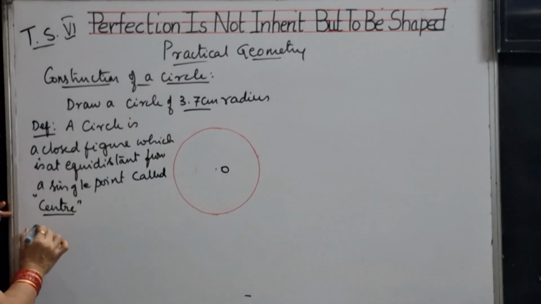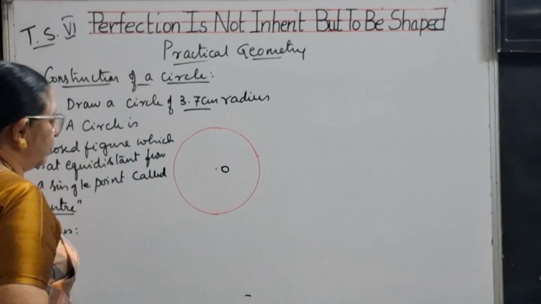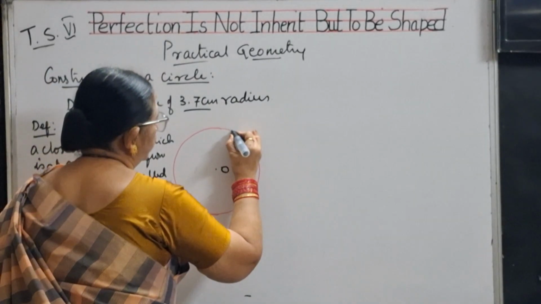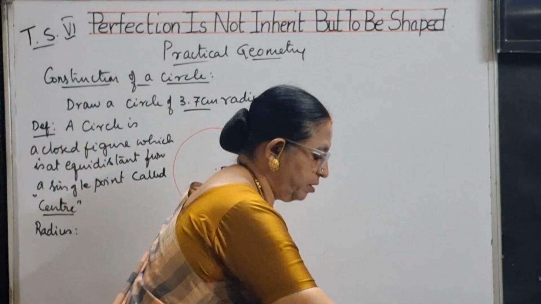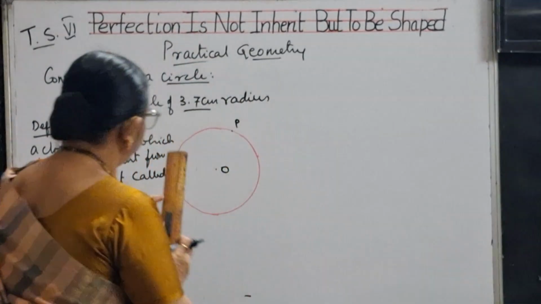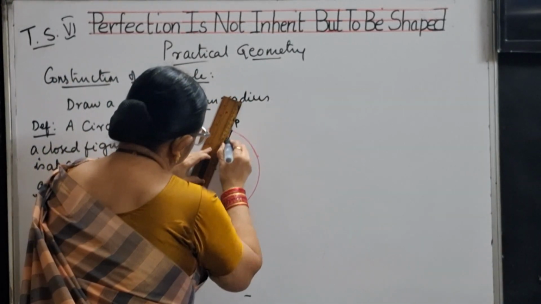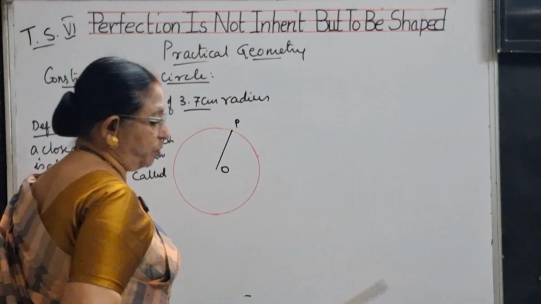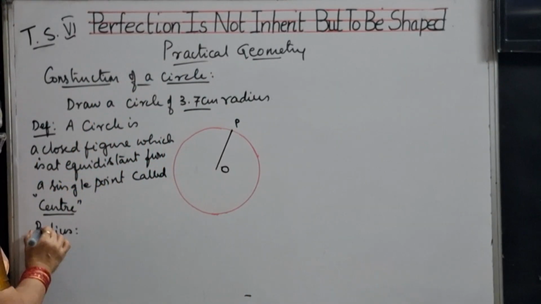Okay, so let me talk about what is radius. Suppose you have taken a point P here and you have joined O and P. If you join O and P, OP is the radius.